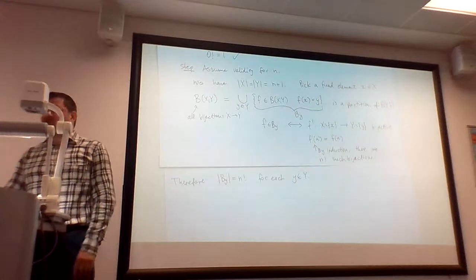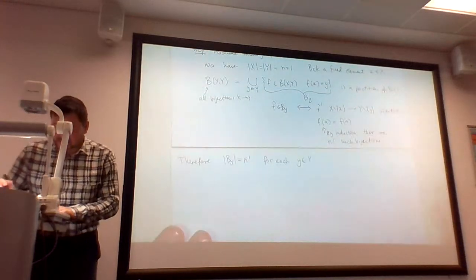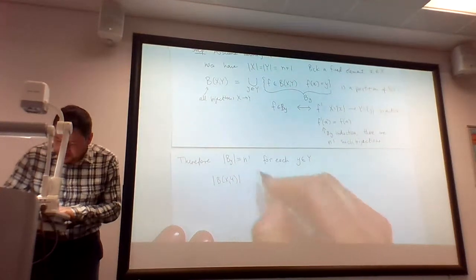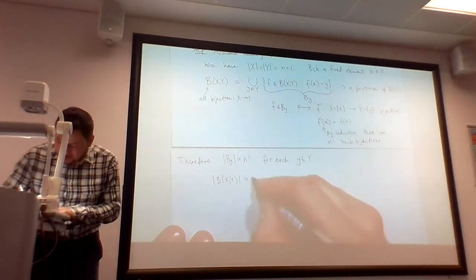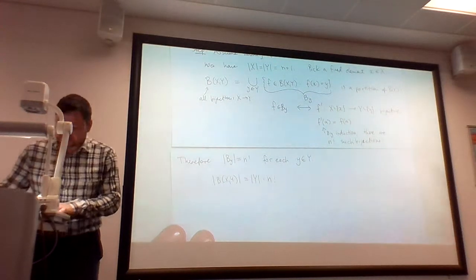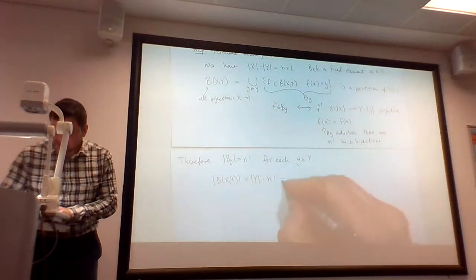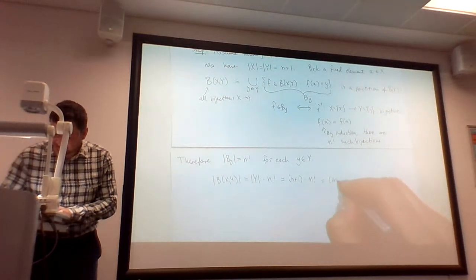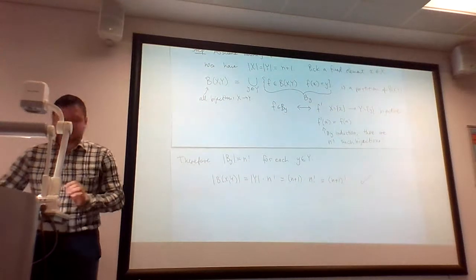Well, there's one for each element of Y. So Bxy has the size of Y times n factorial, which is n plus 1 times n factorial, which is n plus 1 factorial, and that's the end of the proof.